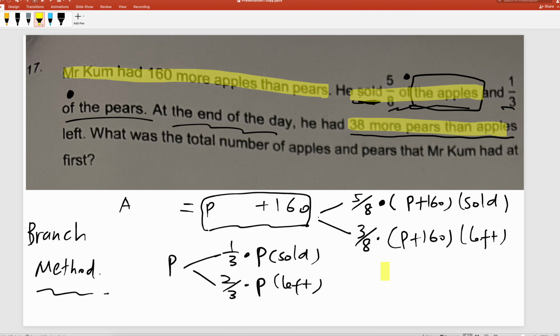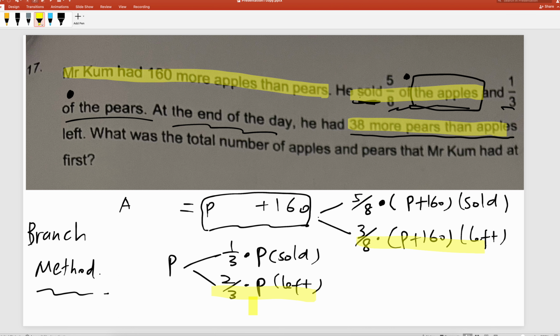This is the apple sold, and this is the pear sold. So the 38 more pears than apples, this difference is between the pear left and the apple left. 它们剩下的来比较，它的相差是38. So the pears left is more than the apple left.